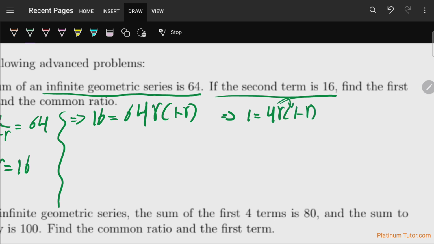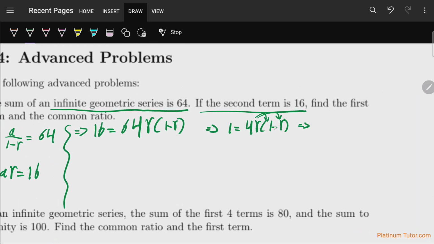Now I'll distribute this in, and that's going to give us 1 is equal to 4R minus 4r squared. Okay, and let's go ahead and rearrange everything. So I'm going to move everything to one side.